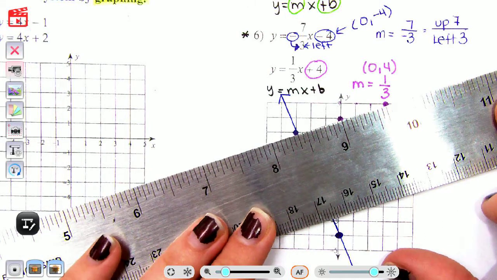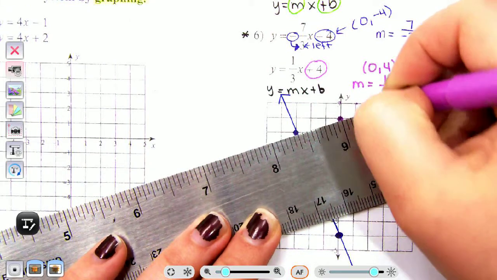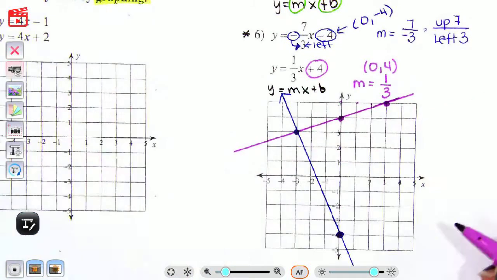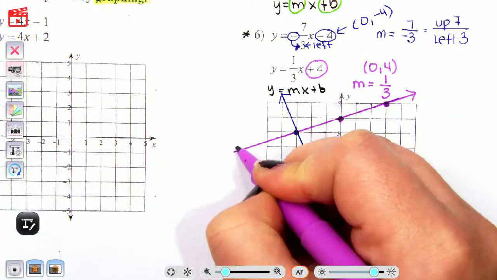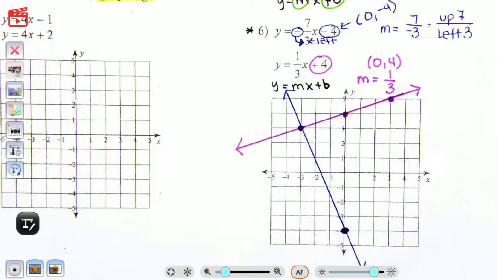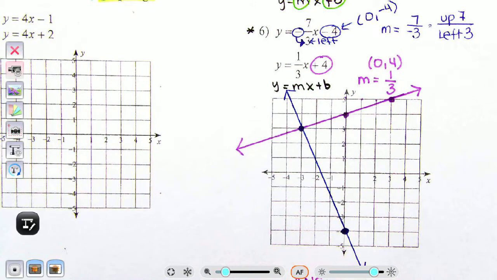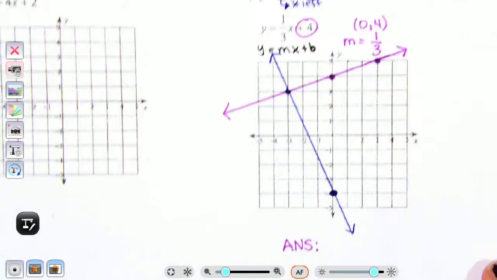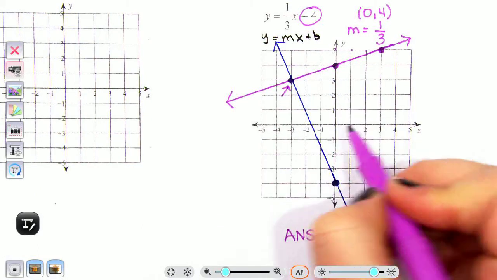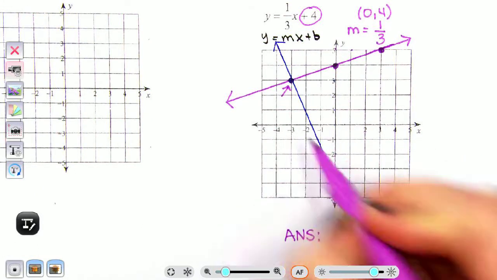I already see something. That means I'm going to have one solution, and that solution is where those two lines cross, where those two lines intersect. So my answer to this system that I solved by graphing is this point here. And that point is (-3, 3).